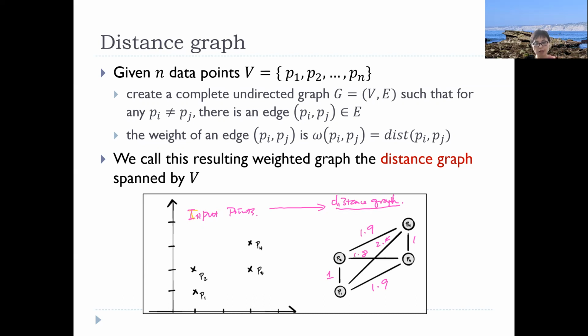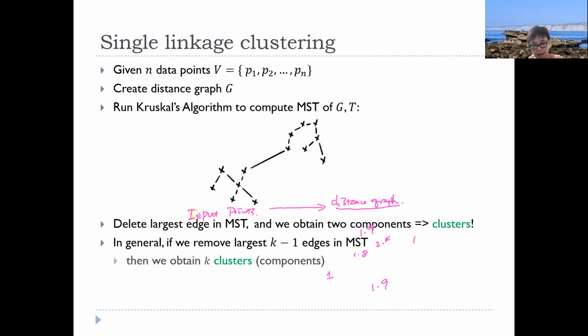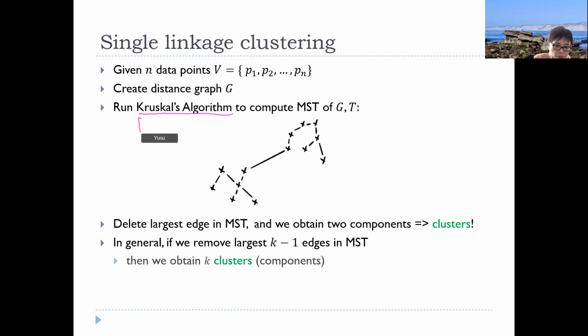Next, given this distance graph, I'm going to compute a minimal spanning tree on top of that. In fact, you don't have to use Kruskal's algorithm; you can also use Prim's algorithm here.